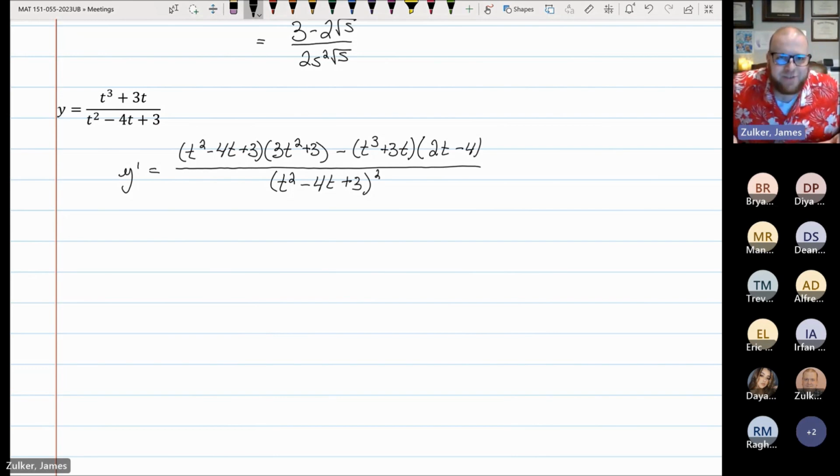I can try to make things a little bit simpler by factoring out a 3 from the first and a 2 from the second. Problem is, I'm going to have to redistribute those anyway. So I might as well just keep them in there and get this over with.